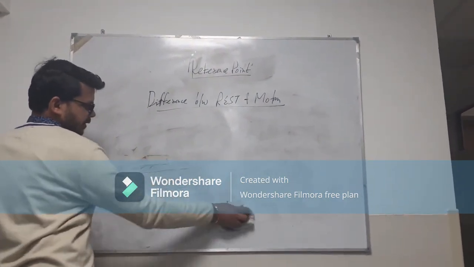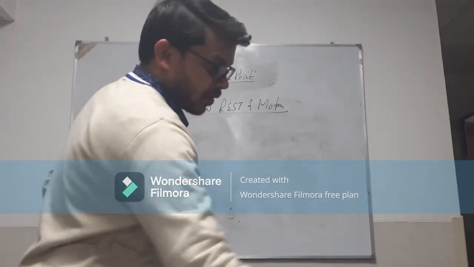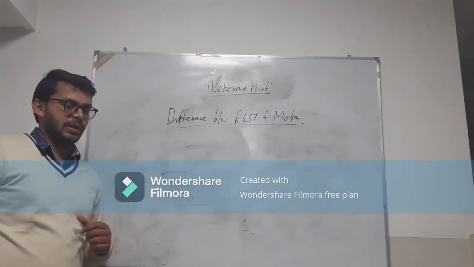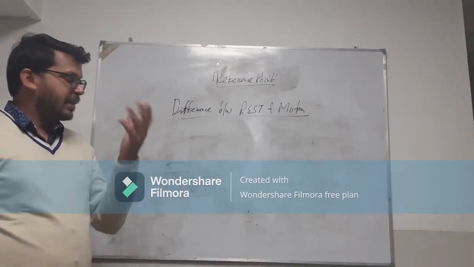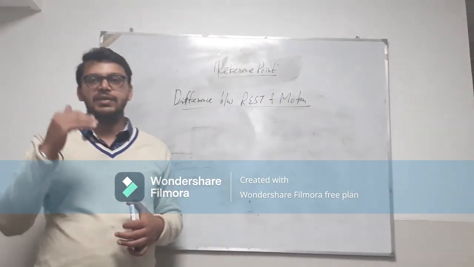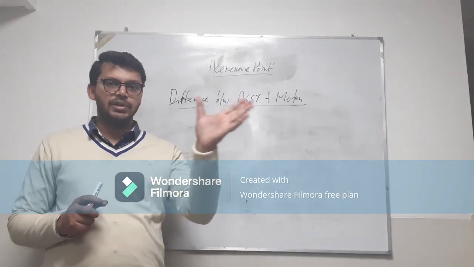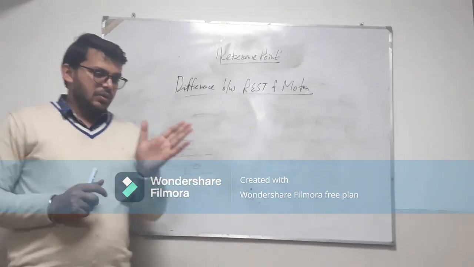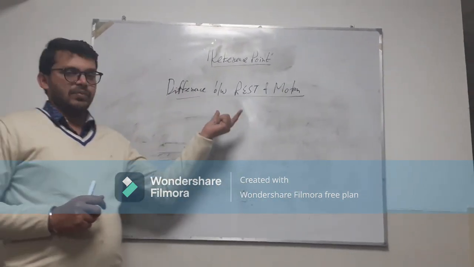Now you will say, sir, it's very difficult to define. How can we define rest and motion? So to define rest and motion, we will consider time as a reference point. We know time is continuously moving. So according to time, we will define rest and motion.